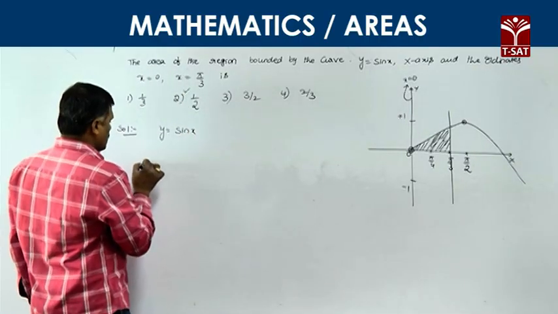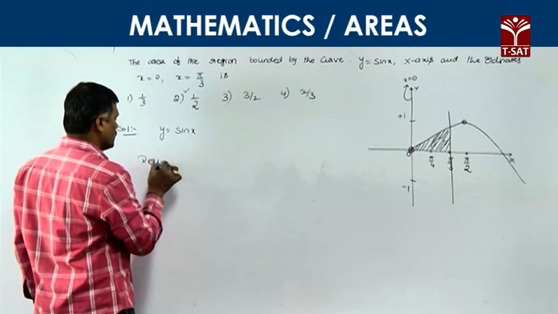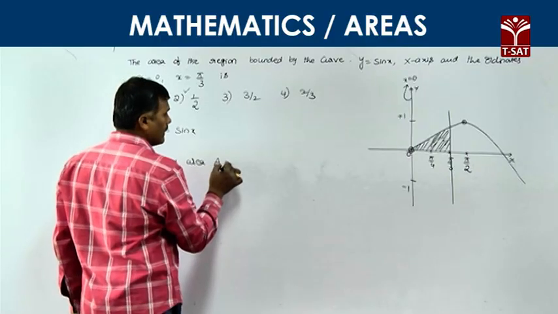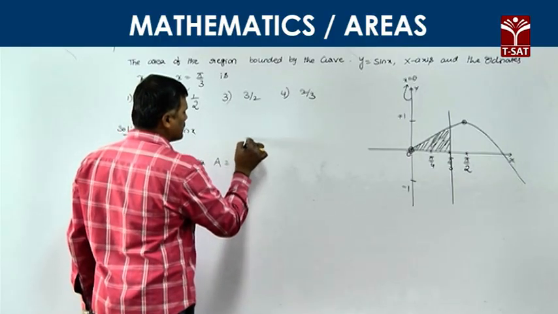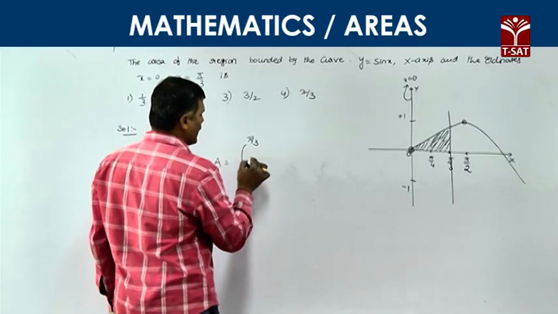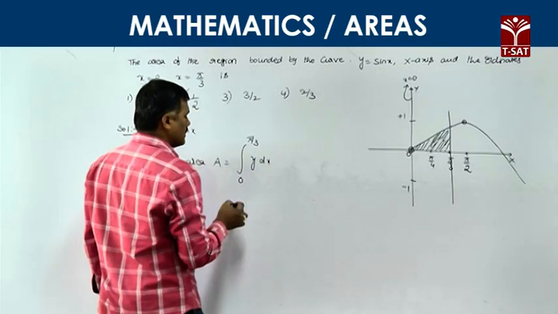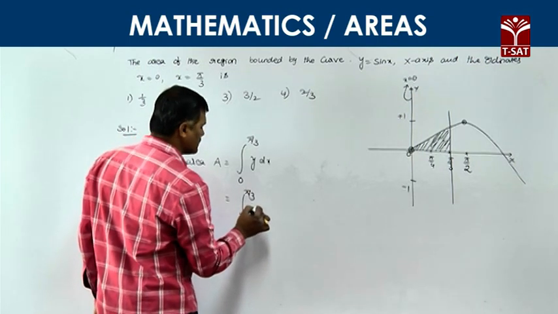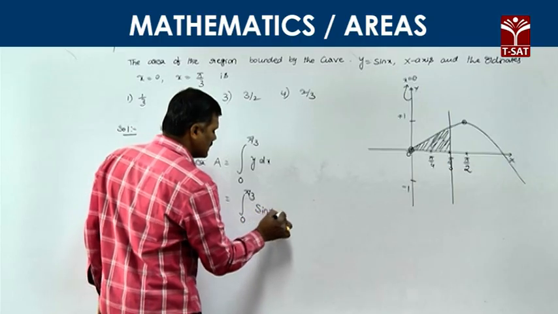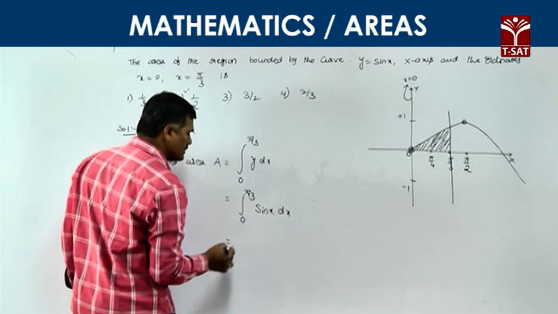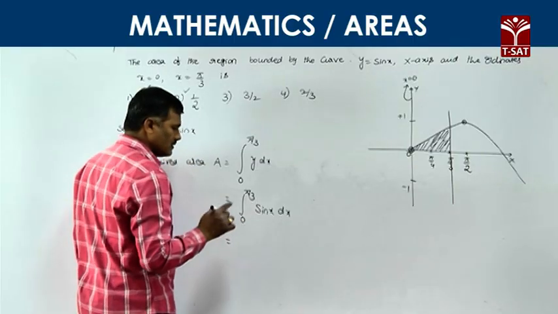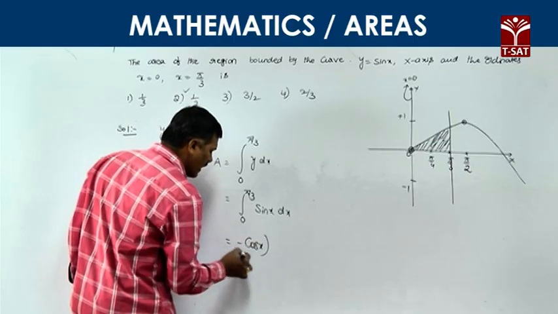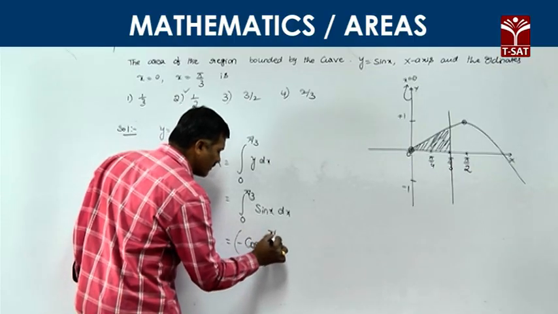Now the required area A is equal to the integral of 0 to pi by 3 of y dx, that is equal to the integral of 0 to pi by 3 of the given function sin x dx, that is equal to the integration of sin x, minus cos x, with limits 0 to pi by 3.